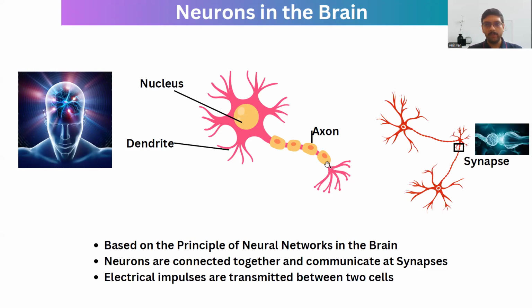Multiple neurons connect to each other. The connection happens at a synapse, depending on how you want to pronounce it. And neurons connect based on electrical impulses. Depending on the action that a human being wants to perform, these neurons in the brain fire and electrical impulses are generated. This is how the brain works.